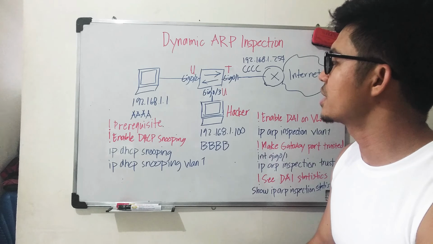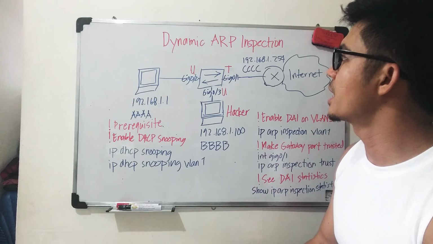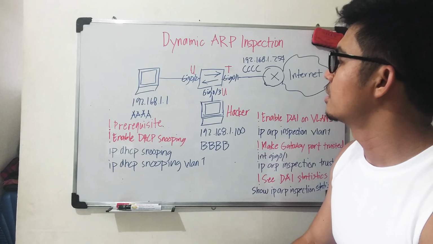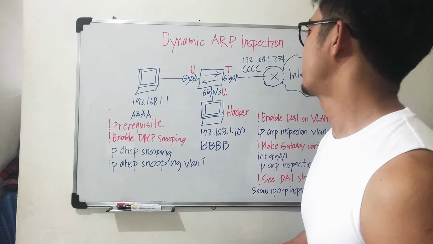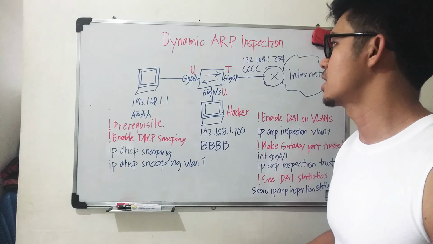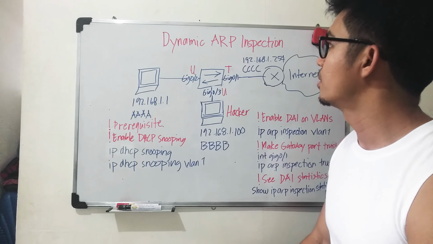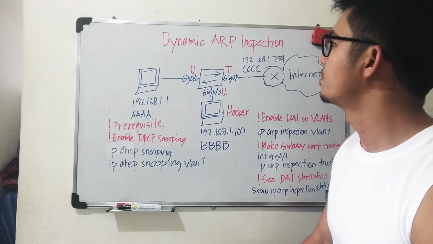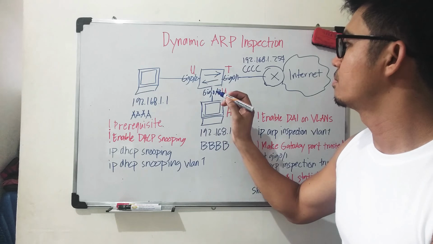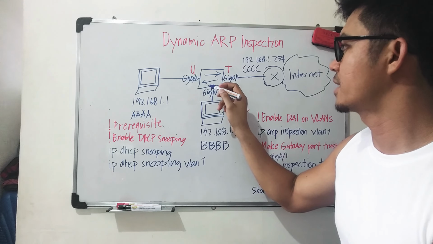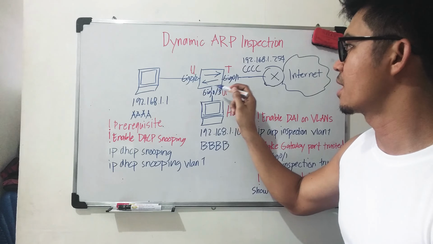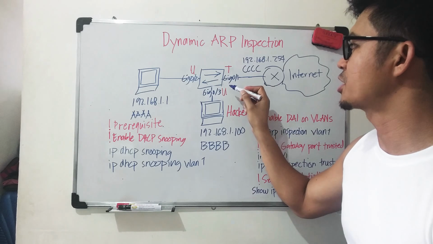We can actually use a feature that is called Dynamic ARP Inspection. So Dynamic ARP Inspection basically works by making the ports that are not connected to the gateway untrusted ports.